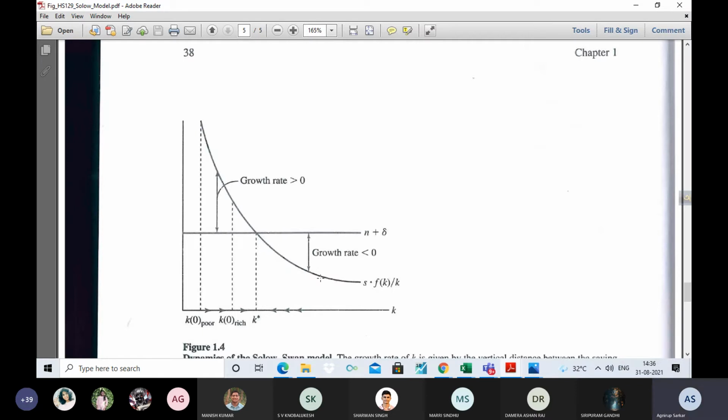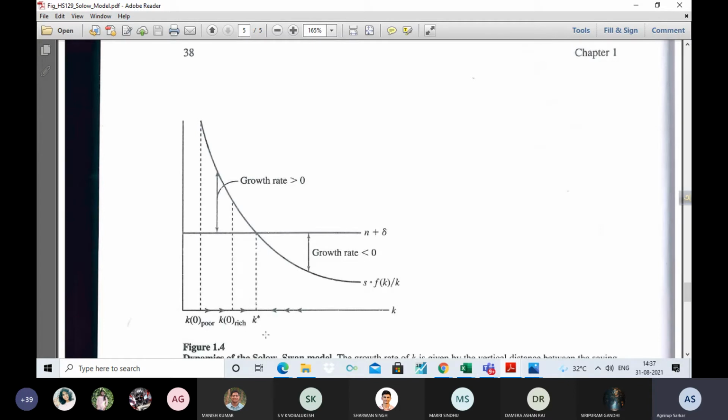Hence the level of small k that corresponds to the intersection between the downward sloping curve and the n plus delta schedule also shifts continually to the right. So this steady state value of capital would be shifting continuously to the right. Okay, so we can now compute the growth rate of k in the steady state.